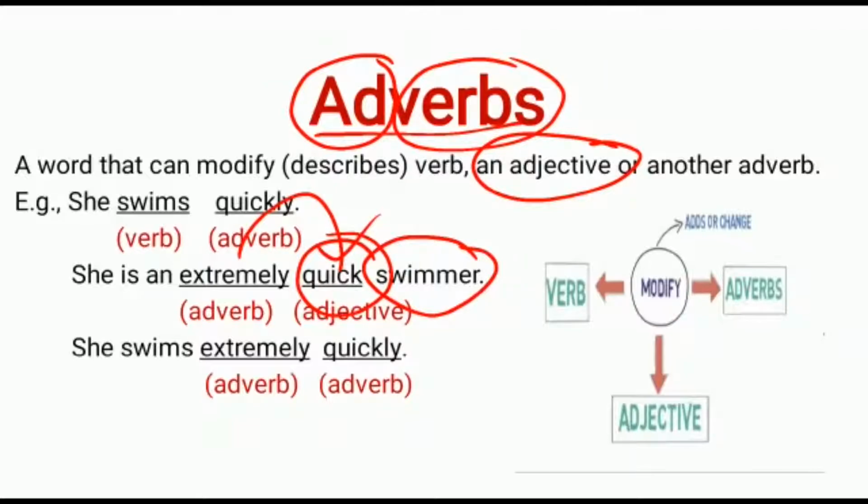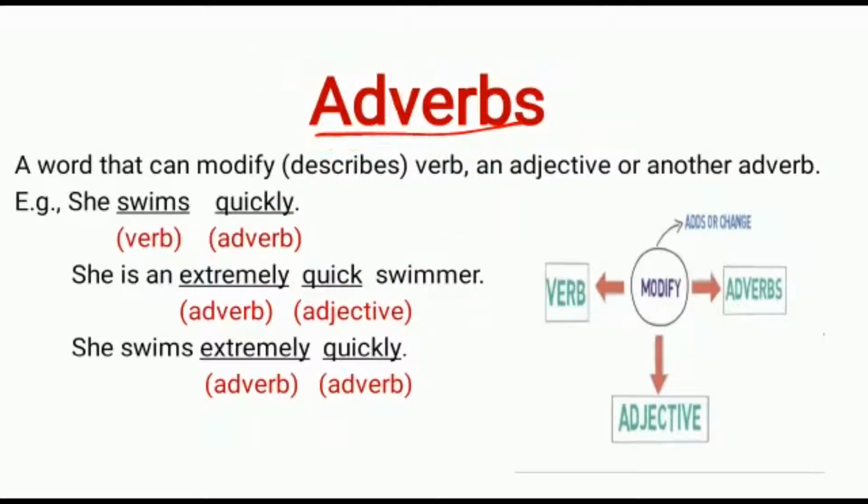Let us understand with the third example how an adverb modifies another adverb. She swims extremely quickly. Now here we have two adverbs, extremely and quickly.